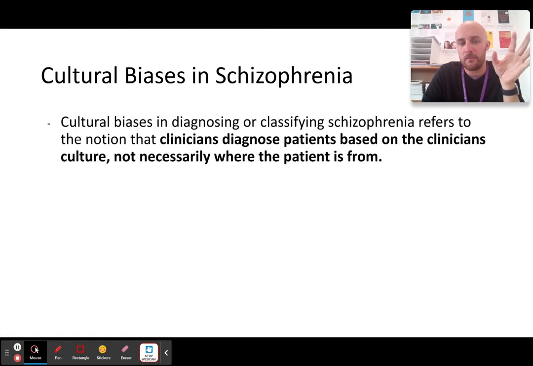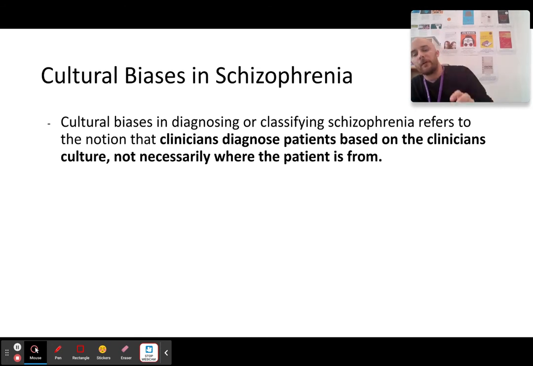So I've got an example just here, but cultural biases in diagnosing or classifying schizophrenia refer to the notion, and here's the important bit, clinicians or doctors will diagnose patients based on the doctor's culture, not necessarily the context or the culture of where the patient is from.